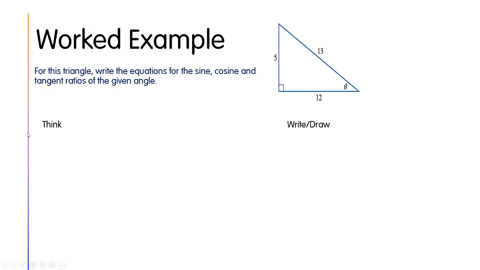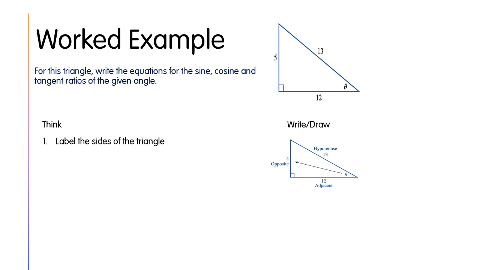Now, again, I will have my thinking and my writing here. This is what's going through my brain, and this is what I put on the paper to be assessed and show my workings. So, first off, I always redraw the triangle. Then I label the sides just to make sure I know which side's which. So hypotenuse, adjacent, opposite, because remember we're across from that angle.